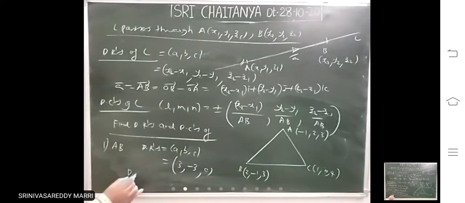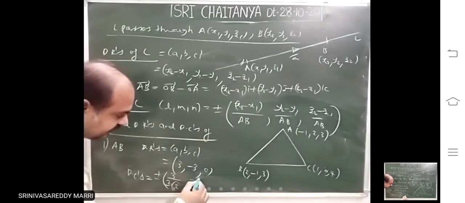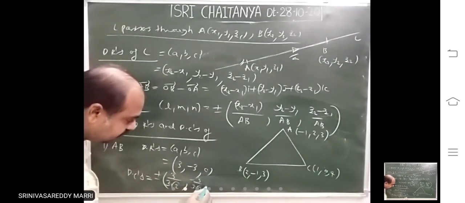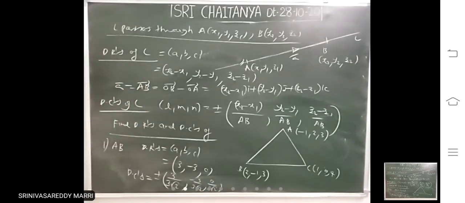These are the DRs. The DCs formula is plus or minus a divided by root of a square plus b square plus c square, which is root 18, that means 3 root 2. So 3 divided by 3 root 2, minus 3 divided by 3 root 2, 0 divided by 3 root 2. DRs you got 3, minus 3, 0, and DCs you got this.